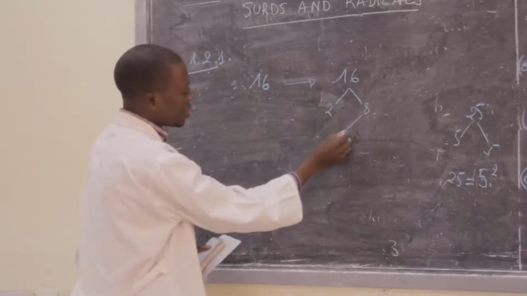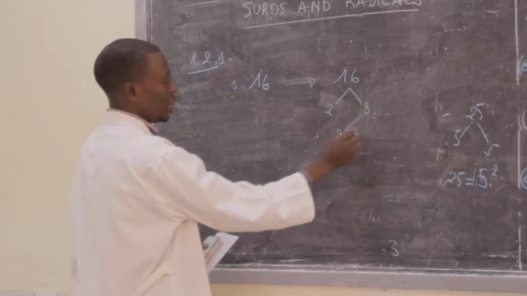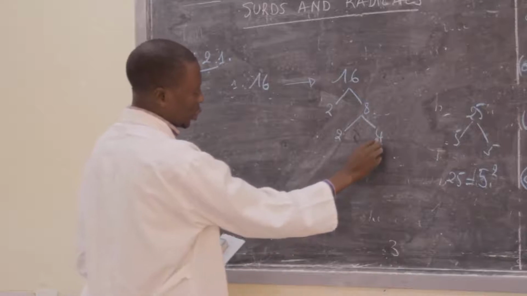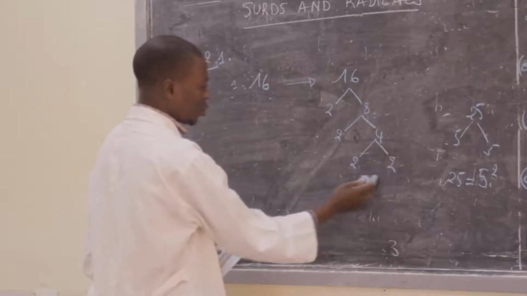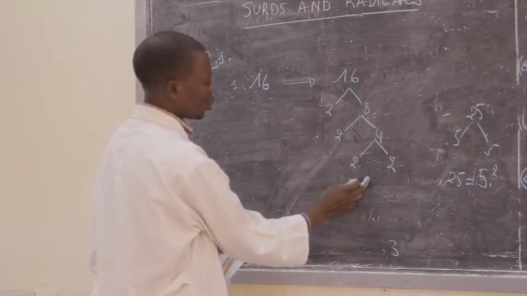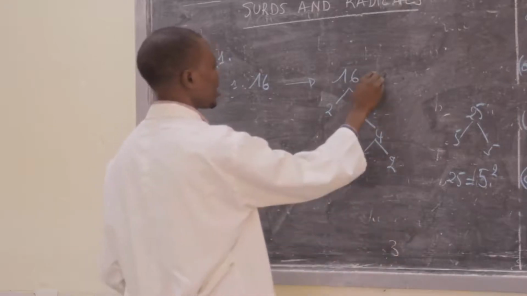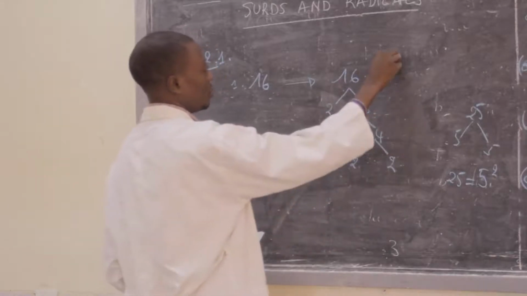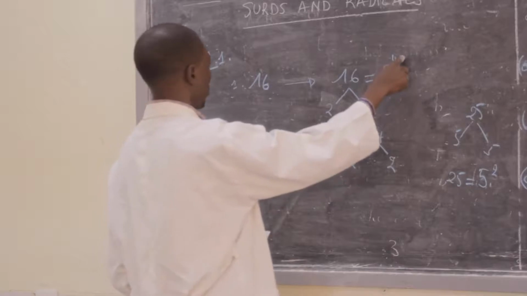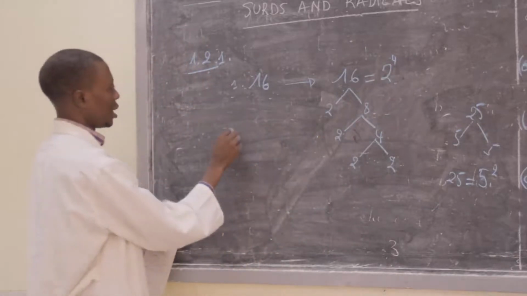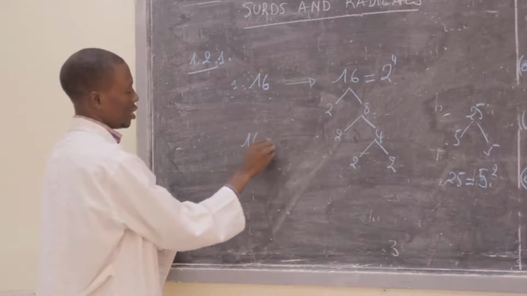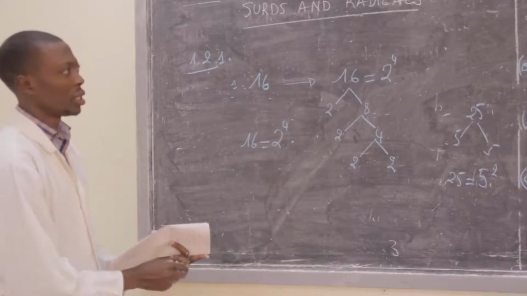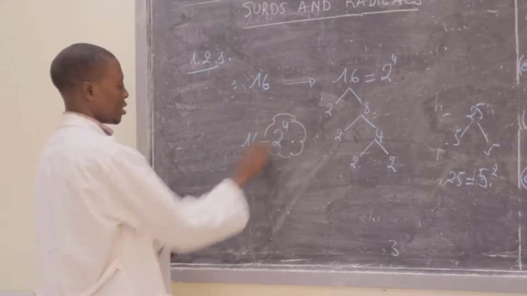Take now 8, divide it by the same 2, you get 4. Take 4, divide it by another 2, you get 2. So if you have the same prime numbers, you can stop here. And you see that 16 can be written as 2 power 1, 2, 3, 4. It means 2 power 4, 2 index 4. Now we can say that 16 is equal to 2 power 4. This is the index notation of number 16.